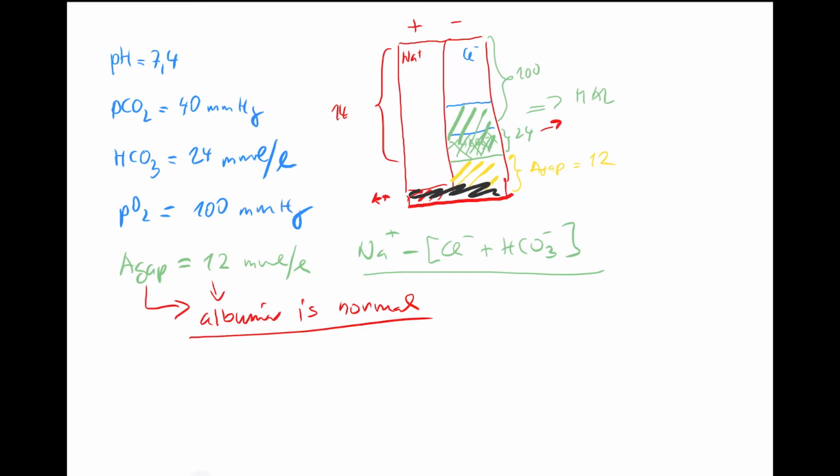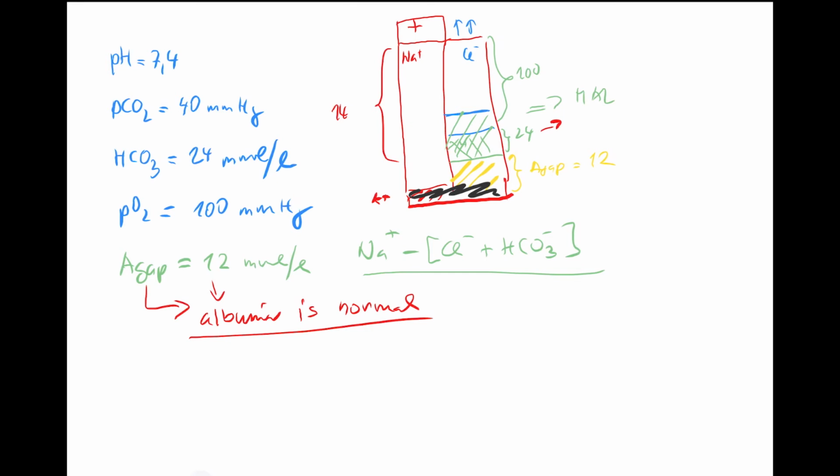So, what if the sodium somehow is increased? If you expand sodium, the only way to reach the equilibrium is to expand again, but you have to shift everything up over here. And again, you're going to have metabolic alkalosis.